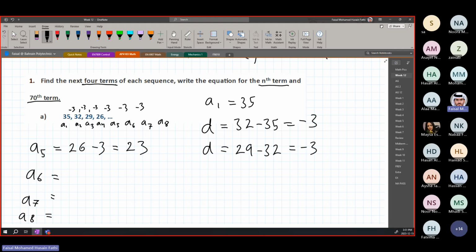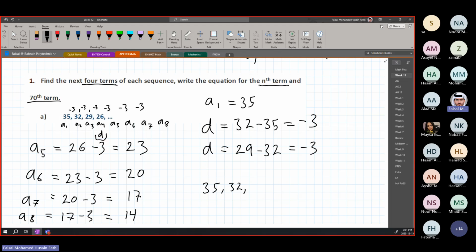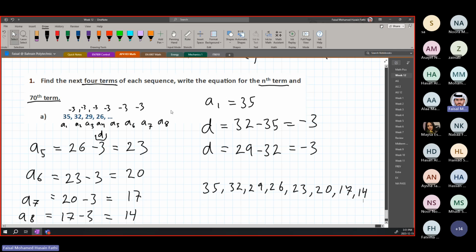This is your A5. 23 minus the common difference D, it's equal to 20. 20 minus 3, it's equal to 17. 17 minus 3, it's equal to 14. And these are the next four numbers. So after 35, 32, 29, 26, it's going to be 23, 20, 17, and 14. Okay, very straightforward, very simple. I'm pretty sure none of you are confused by this.